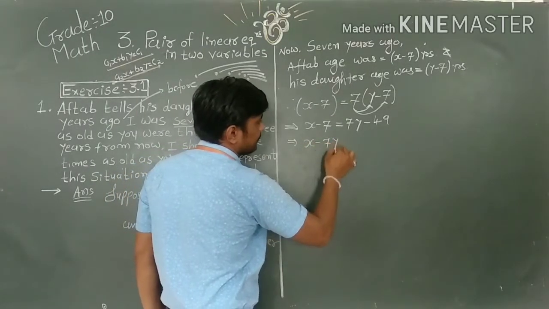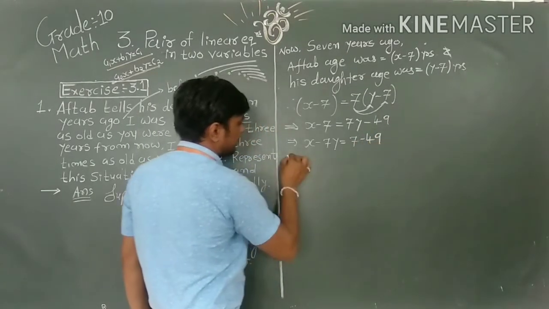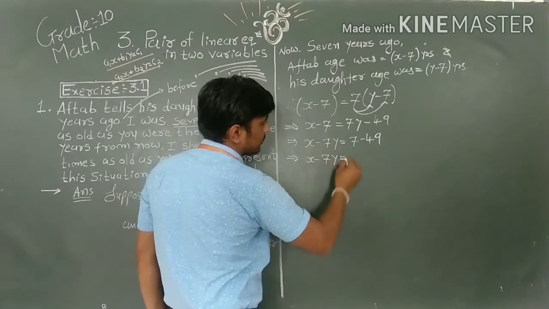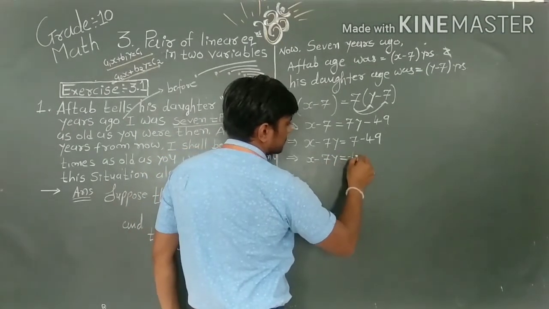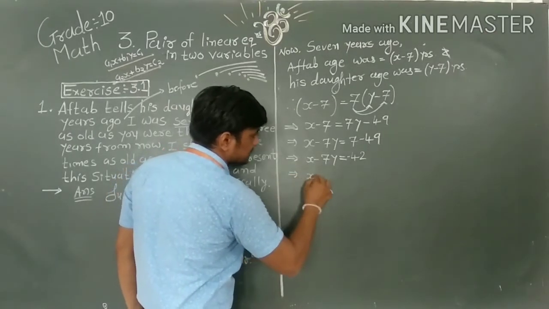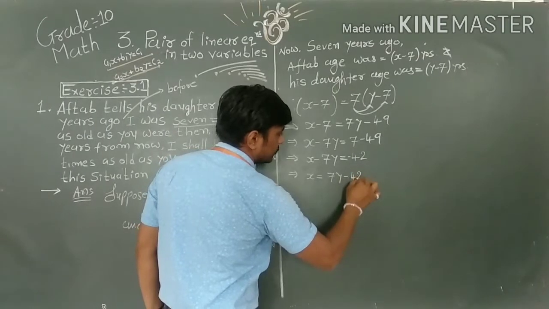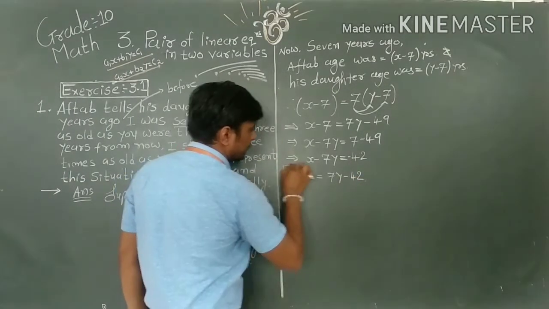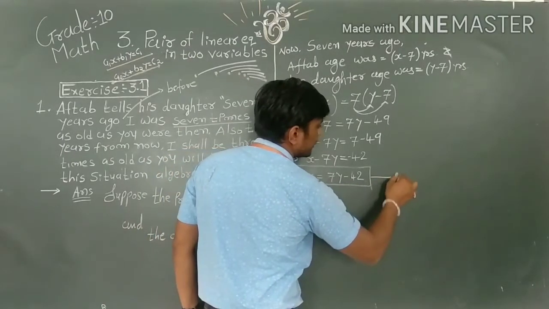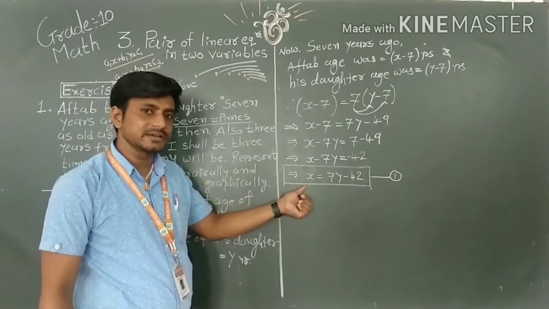Minus 7y is equal to 7 minus 49. Therefore x minus 7y is equal to minus 42. Also we can write x is equal to 7y minus 42. This is our first equation, because we want two equations.